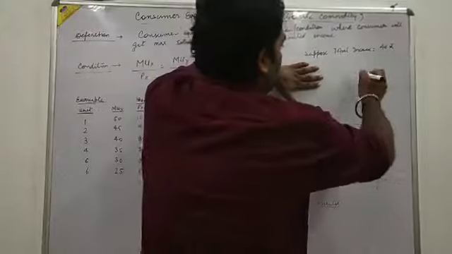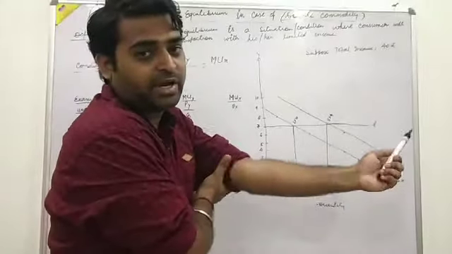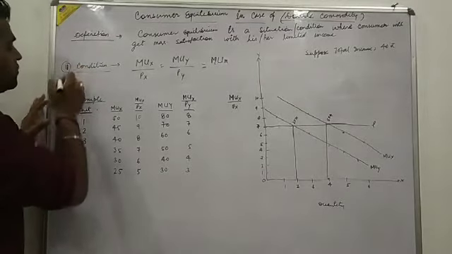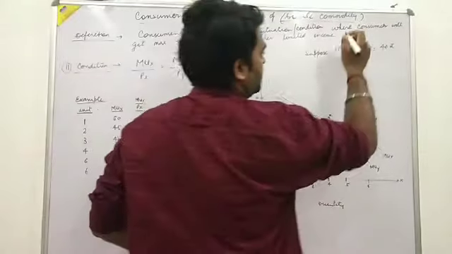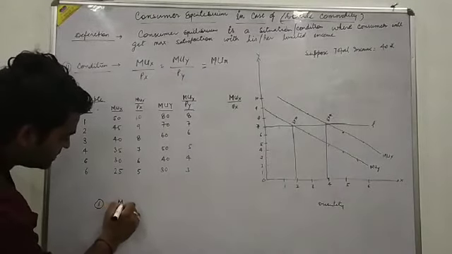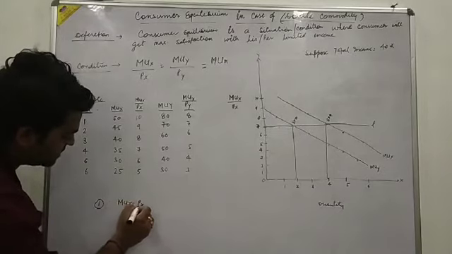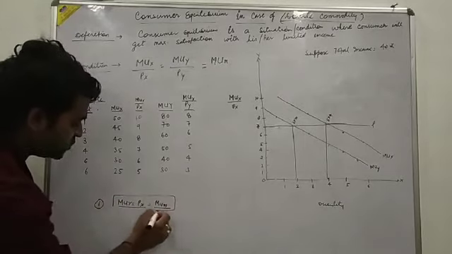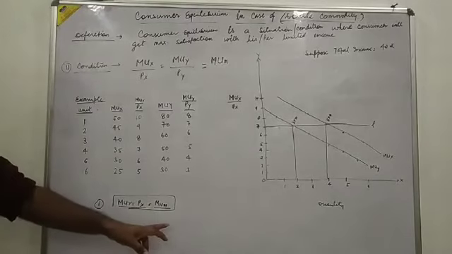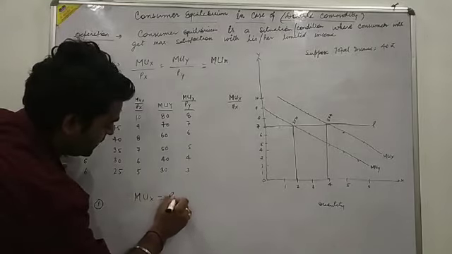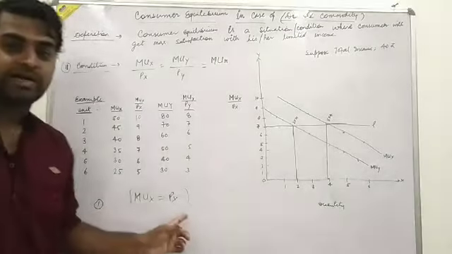In the last class, there were two conditions, and the first condition was MUX is equal to PX, which is equal to marginal utility of money. We have satisfied these conditions.